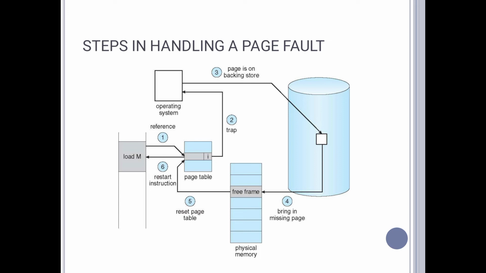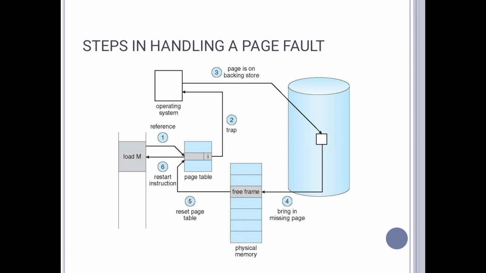The restart will require fetching the instruction again, decoding it again, fetching the two operands again, and then adding again. However, there is not much repeated work, and the repetition is necessary only when a page fault occurs.